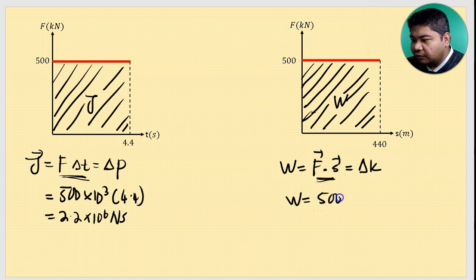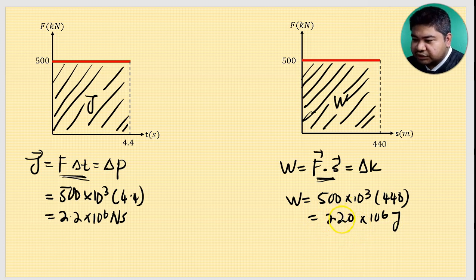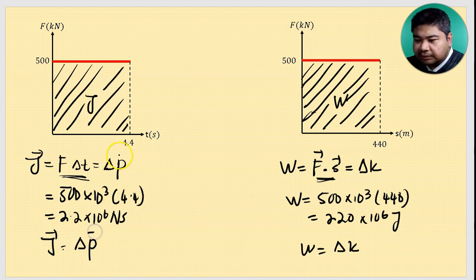We have a force of 500 kilonewton times the displacement 440, you are going to get 220 times 10 to the power of 6 joules, which is also equal to the change in the kinetic energy, and impulse here is equal to the change in the momentum. In the next slide we are going to look at how to use the equation F dot s.